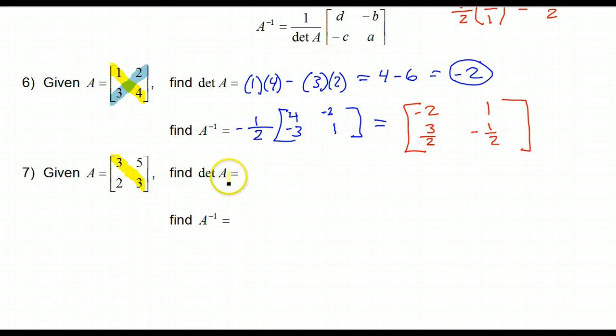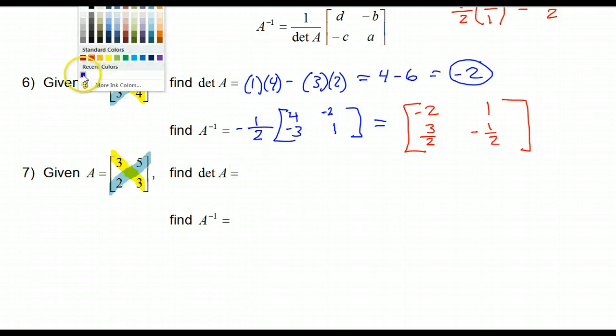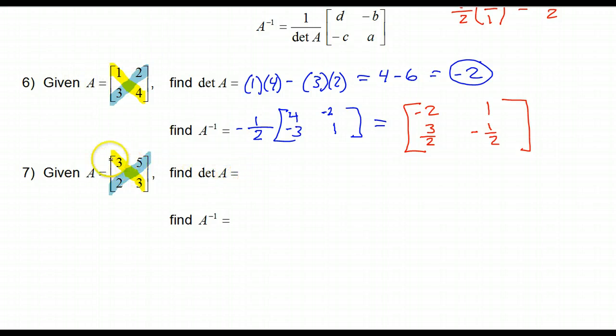The first thing I need to do is do the determinant as we discussed a moment ago, where I do the down diagonal minus the up diagonal. Now, as you get more and more clever, you're going to skip a couple of steps. So here's some things that are okay. Down diagonal, obviously that's 3 times 3.